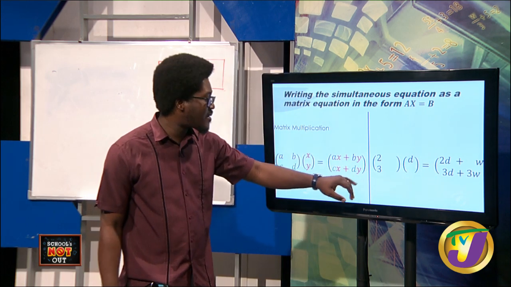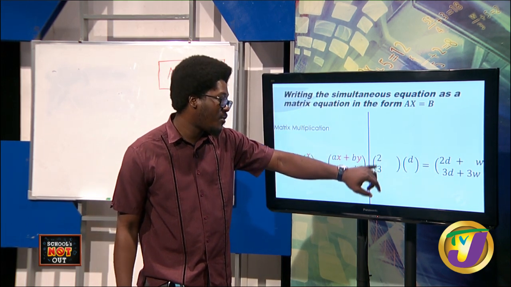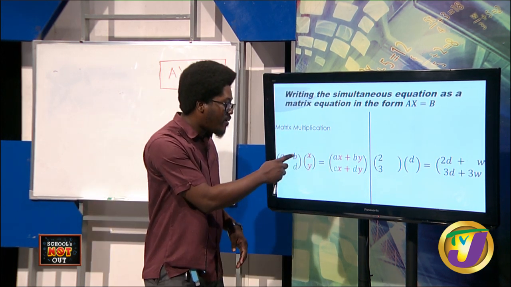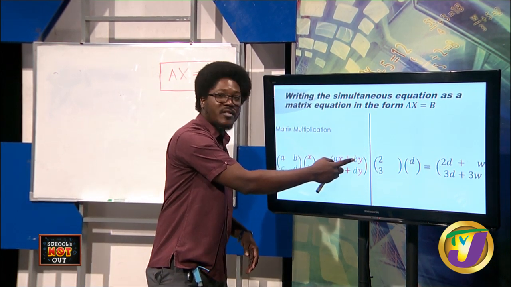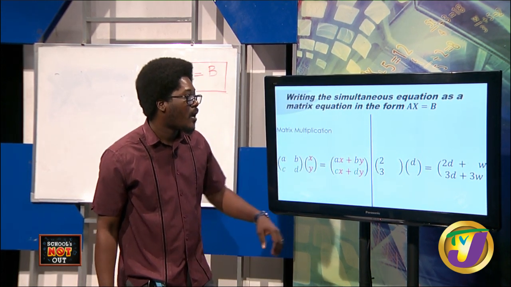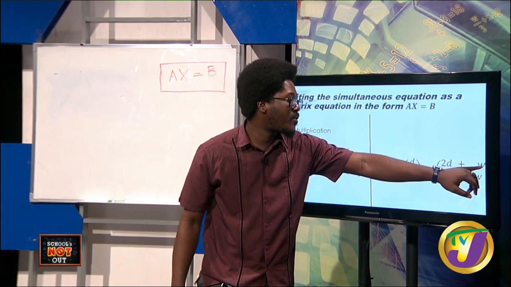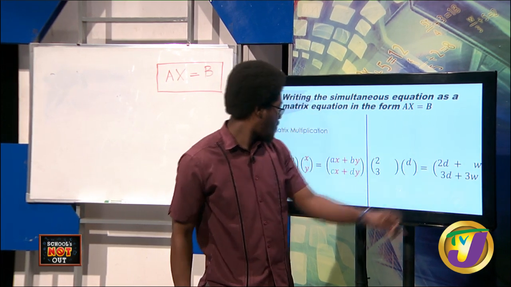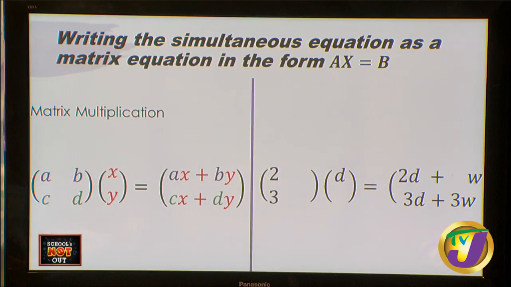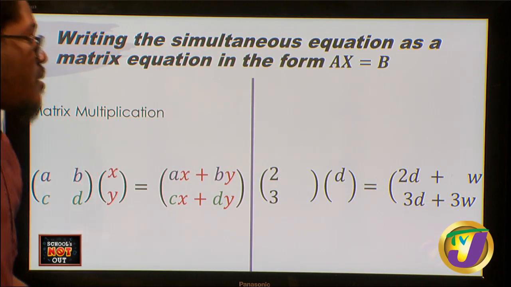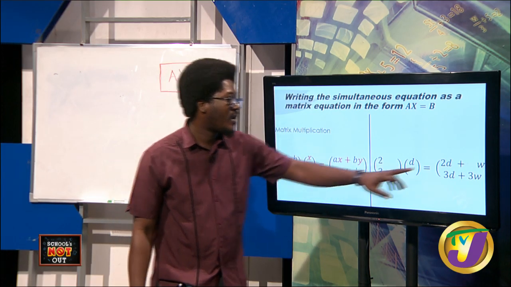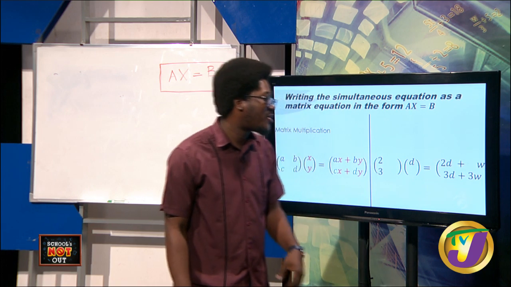So we know that the element below 2 would be 3. In a very similar fashion, we multiplied B by Y to get a product of BY, and that is our third element in the matrix. Here, what shares the space of BY is W. The coefficient of W here would be 1, which means that we multiplied 1 by W to get 1W.